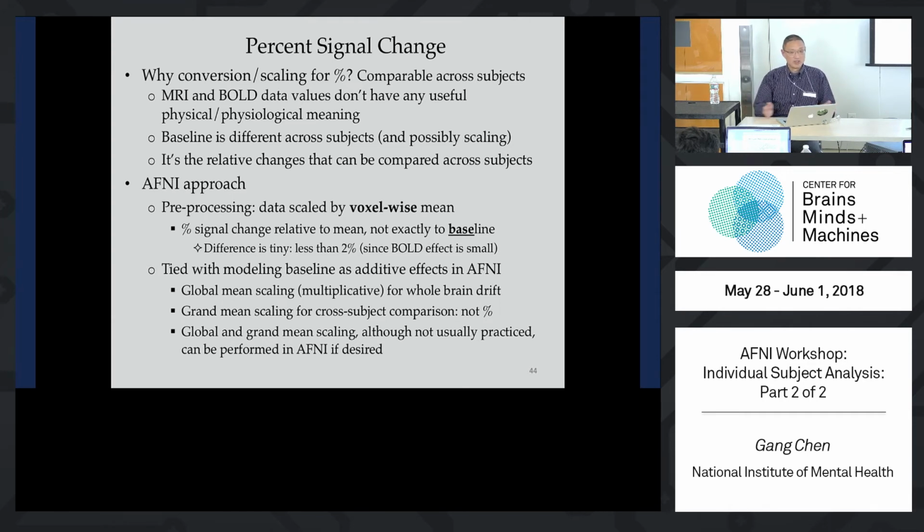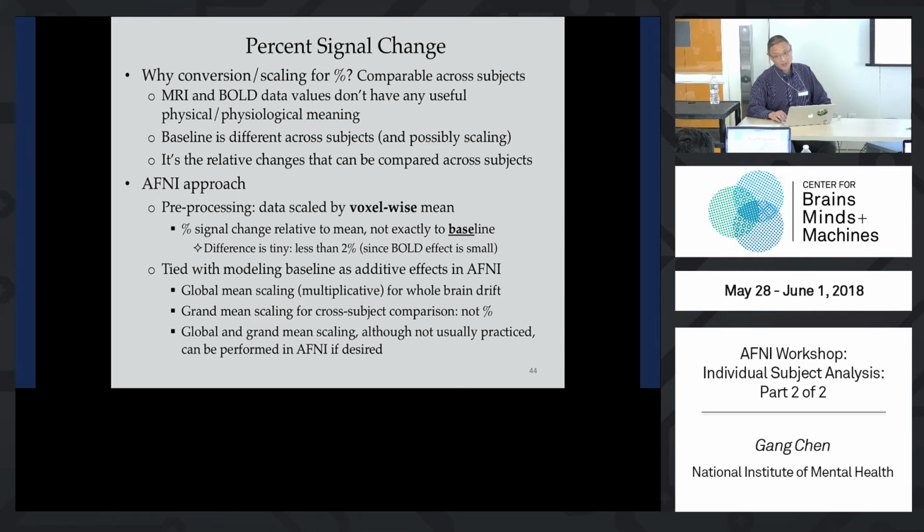It's arbitrary in the sense that you cannot attach any meaning to those numbers, because they can be different. Even the baseline can be different from the same scanner across different days, or for the same subject scanned at a different time point, right? Let alone if you switch to a different scanner, even with the same brand. So that arbitrariness is really a headache.